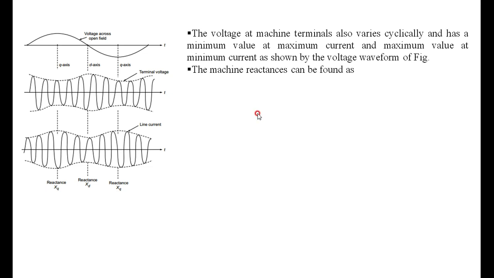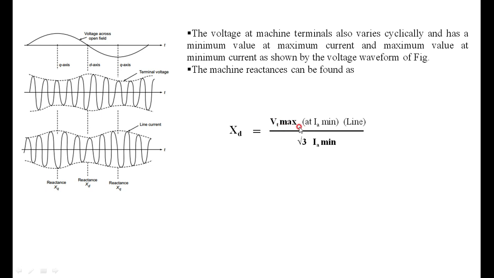Therefore, the machine reactances can be calculated using the voltmeter and ammeter readings. Xd is the maximum voltage divided by the minimum current. Vt max is the maximum deflection of the voltmeter that you note down.